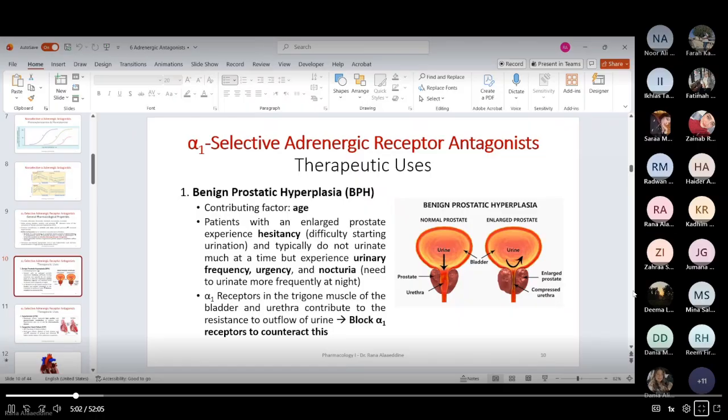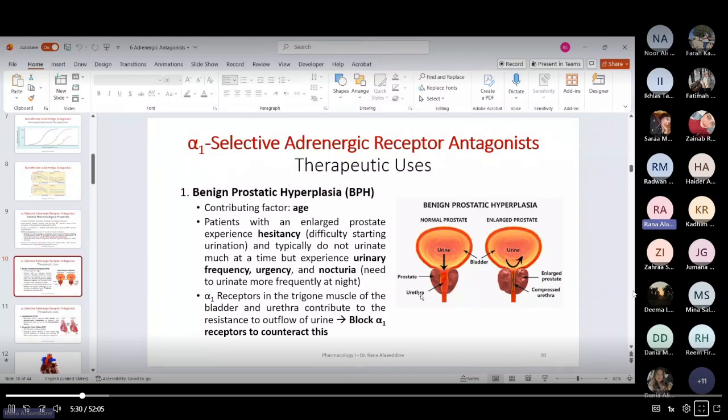Let me explain what the prostate gland is. Guys, the prostate gland is a gland that's present in the male genital system. Okay, it's not present in females. So when we talk about prostate, we're talking about men. Okay, the prostate gland has a very important role in producing the semen of the man.